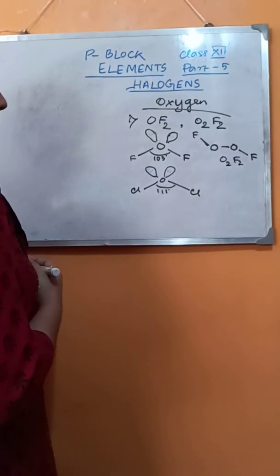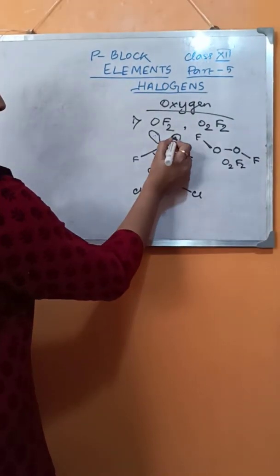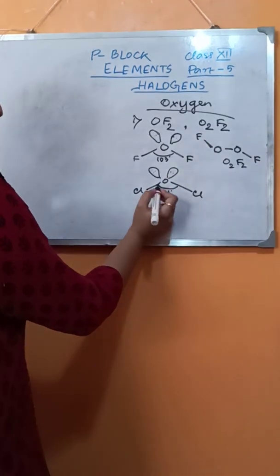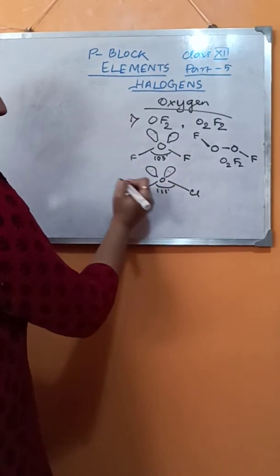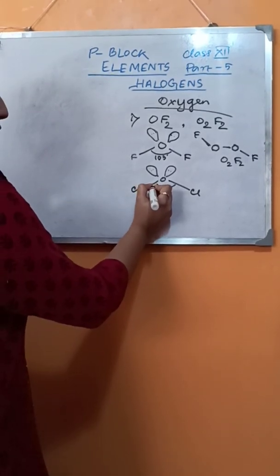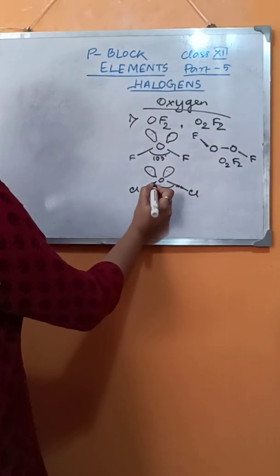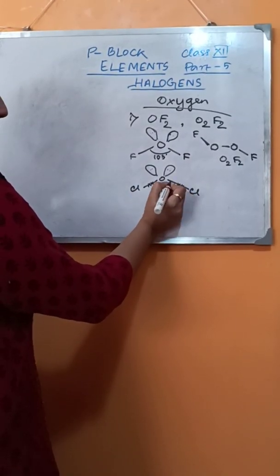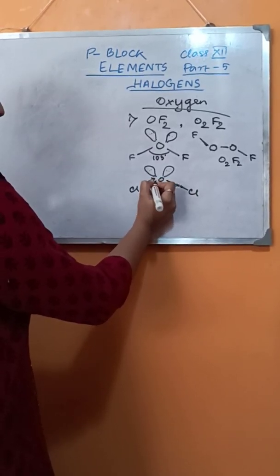Now what actually happens here is that on oxygen there are two lone pairs in both the cases. In case of chlorine, the electronegativity of oxygen is more than that of chlorine. So here the shared pairs of electrons, these two are the shared pairs of electrons of this bond. These two are the shared pairs of electrons of these two bonds. These shared pairs of electrons are shifted towards oxygen.